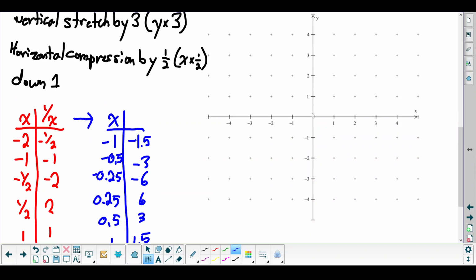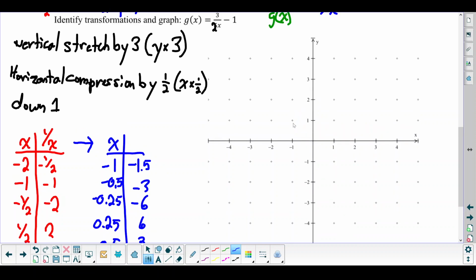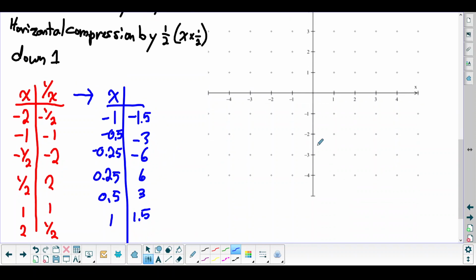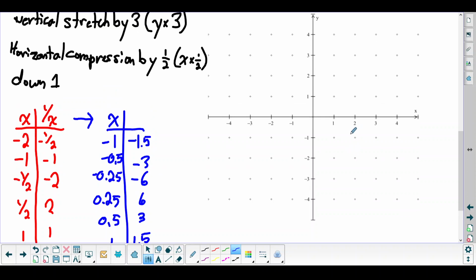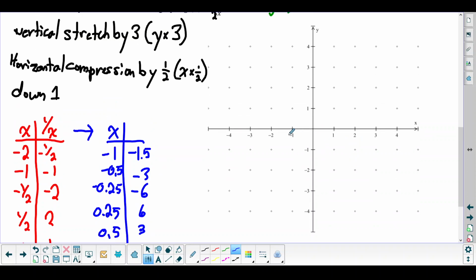Okay, so let's start by graphing this. I think we got some values here that might be a bit off our graph, but I think we can squeeze them in anyways. So we got some 6's here. All right, let's start with negative 1, negative a half. Sorry, negative 1, negative 1 and a half. Negative 0.5, negative 3, negative a quarter, negative 6.